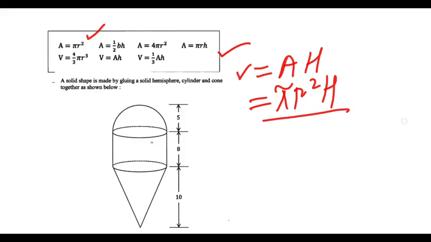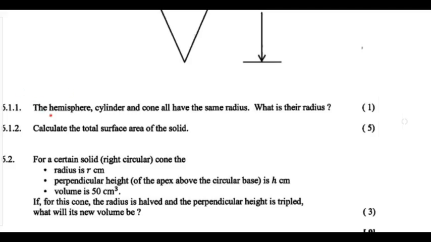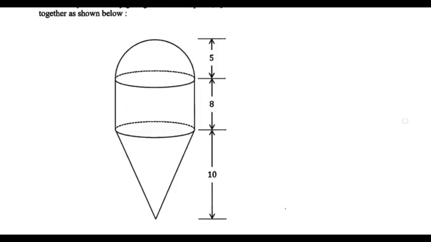Now the question says a solid shape is made by gluing a solid hemisphere, cylinder, and cone together as shown below. So this is hemisphere, this is cylinder, this is cone. The first question says the hemisphere, cylinder, and cone all have the same radius. What is their radius? Now you must remember in the diagram, this vertical dimension is 5. For the hemisphere section, this dimension represents the height of the hemisphere, which is equal to its radius.